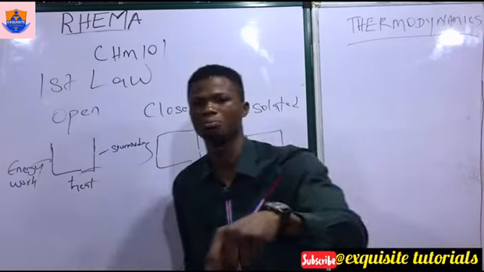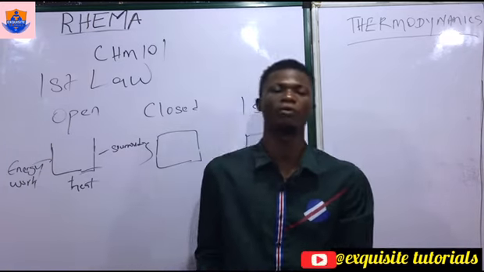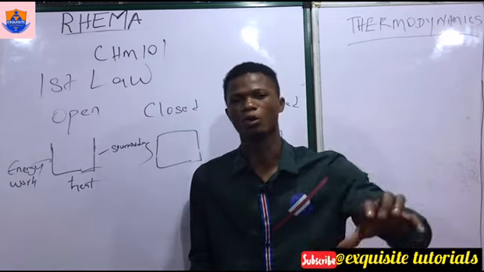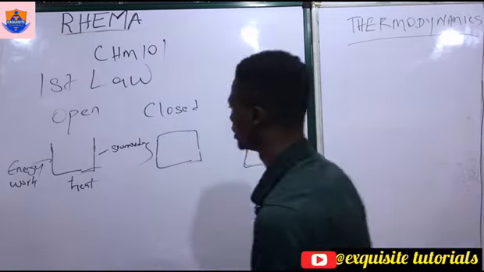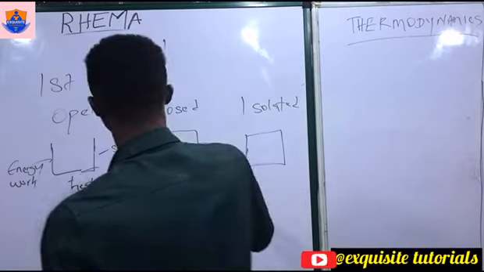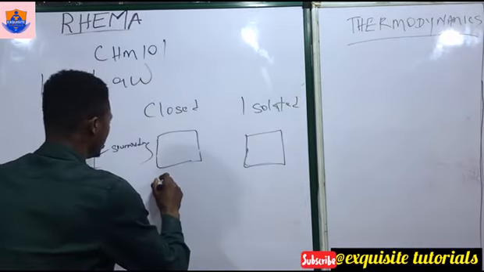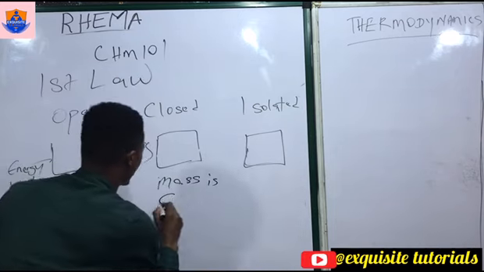You cannot put in beans, you cannot put in anything once you have closed the cover of your pot, which means work cannot be done on a closed system, which means the mass of a closed system is constant. Note this, mass is constant.